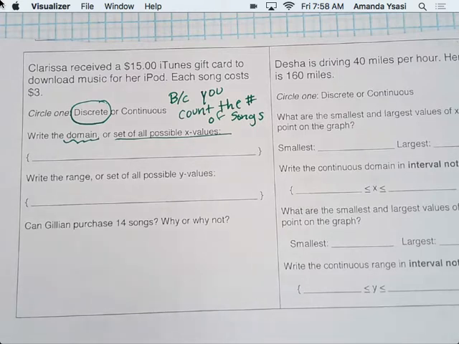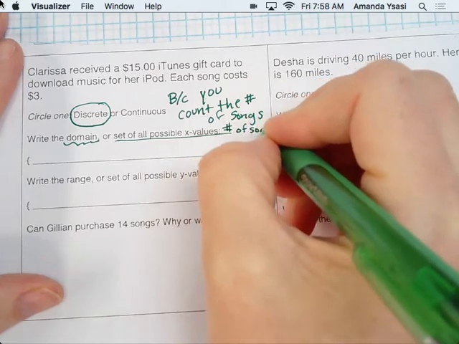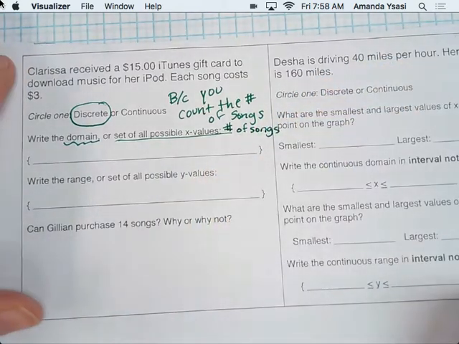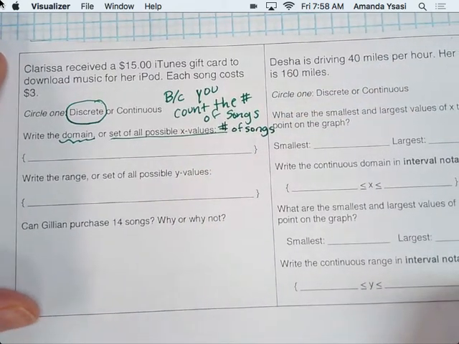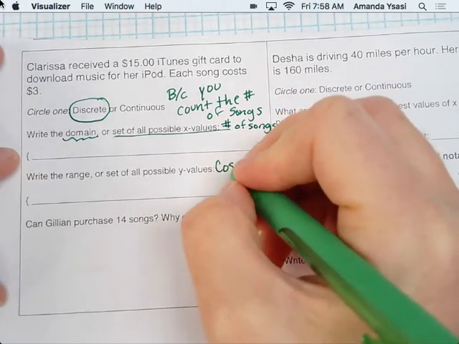It has to be a word. Remember, our variables are words or letters. Songs. So number of songs. So then what will the range be? Cost, yeah.